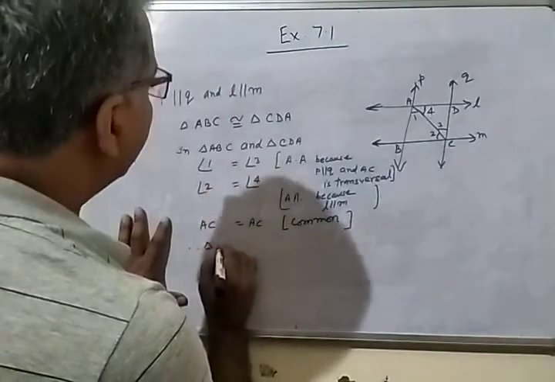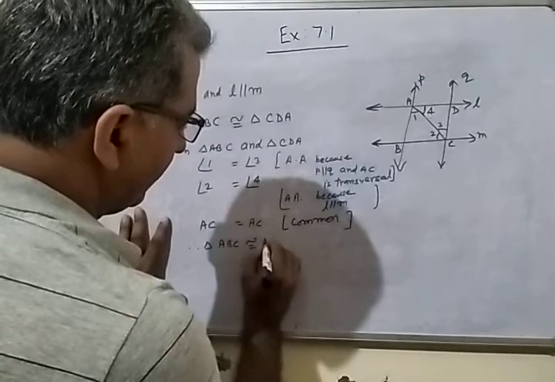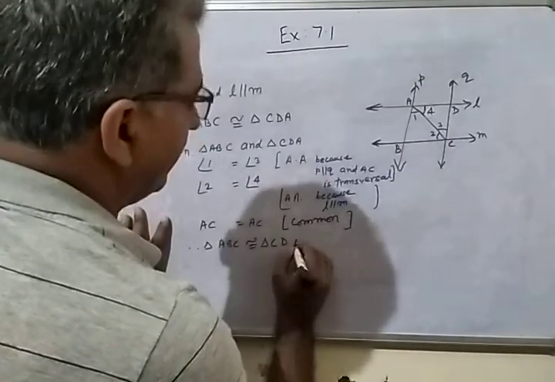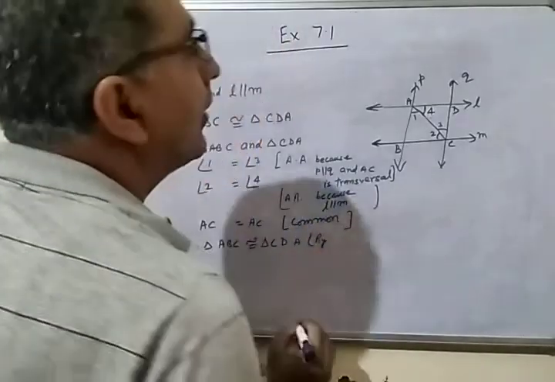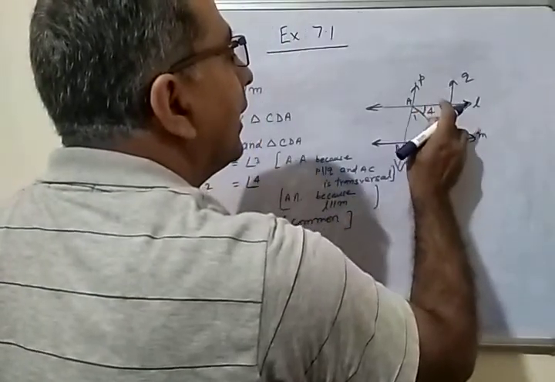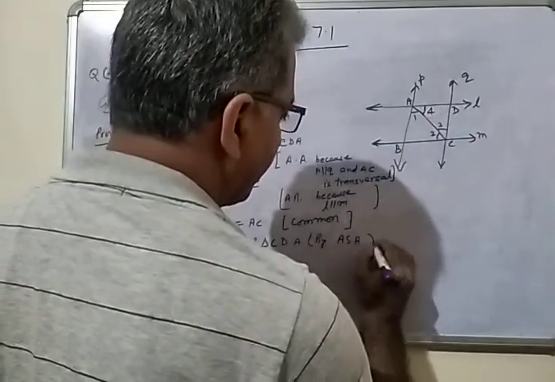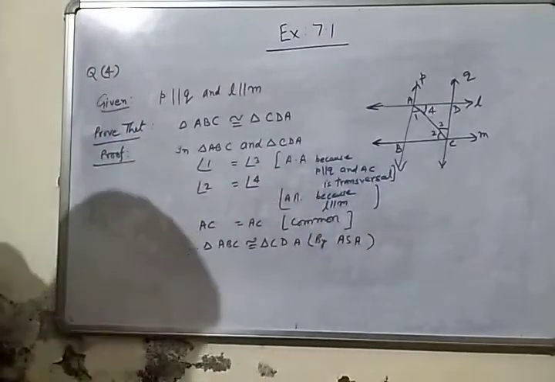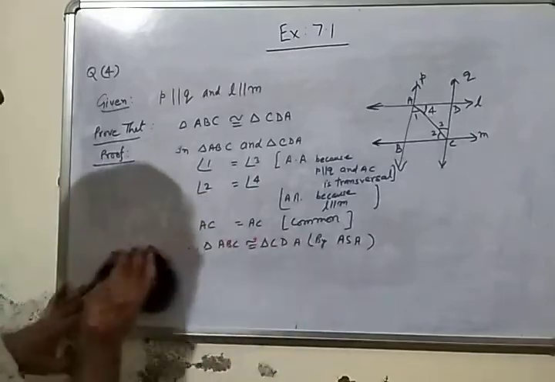Therefore, triangle ABC is congruent to triangle CDA by the ASA, angle side angle property. So this is the result. Please note it down.